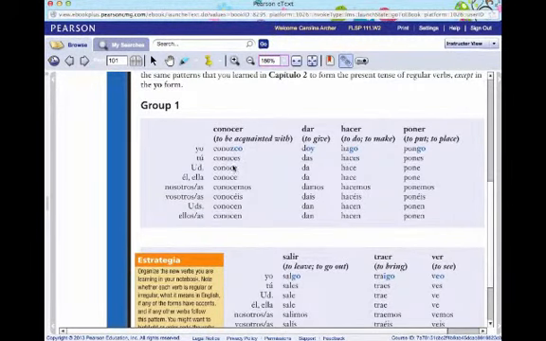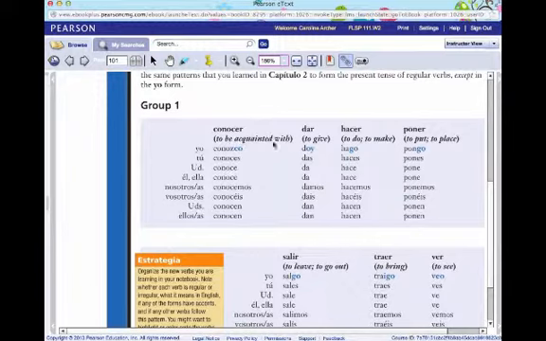The ending is going to be different. See, yo conocer, it's not going to be conjugated like a regular verb for yo. It's going to be conozco. It's pretty irregular. The same thing with dar, it's not going to follow the norm for regular verbs, the yo form, yo doy.